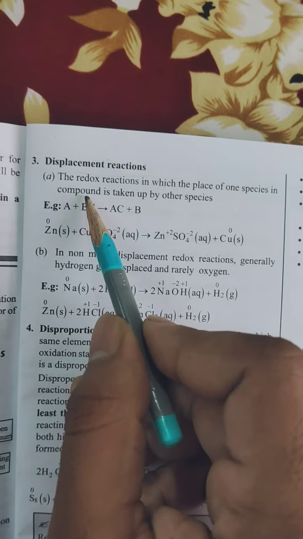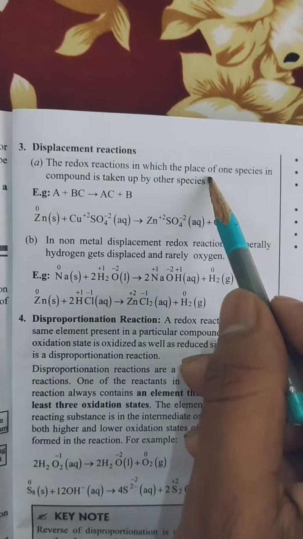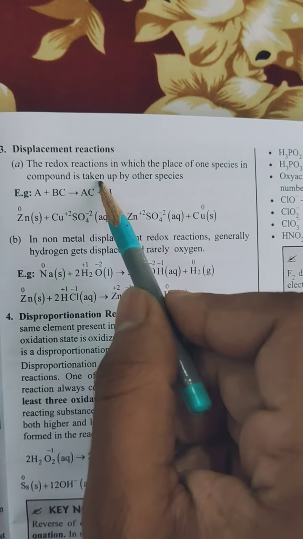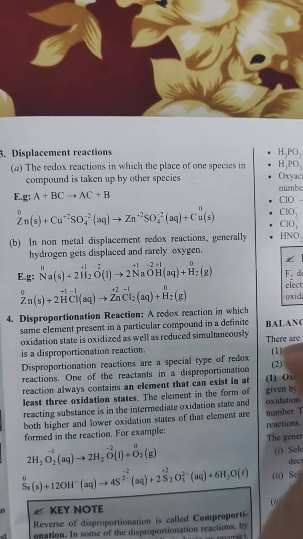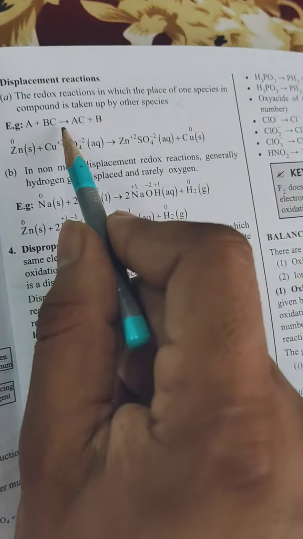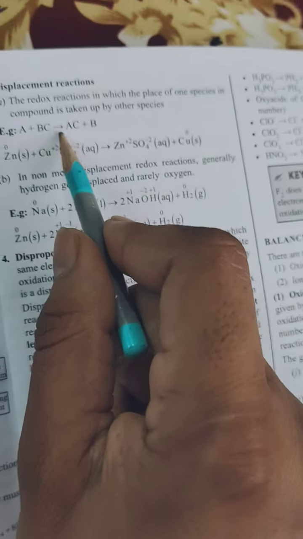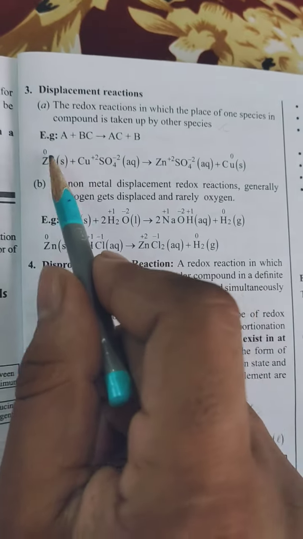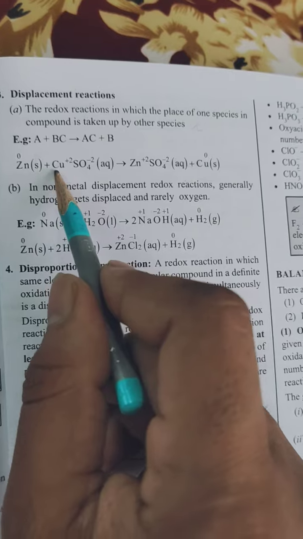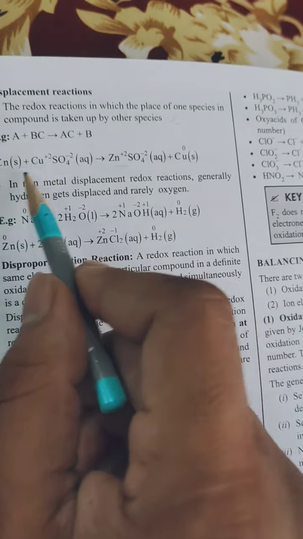This is now displacement reaction. A displacement reaction is a redox reaction in which the place of one species in a compound is taken up by another, means the position changes. Like A plus BC gives AC plus B. Copper is displaced by Zn here.